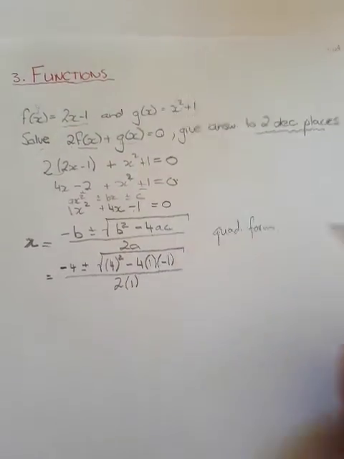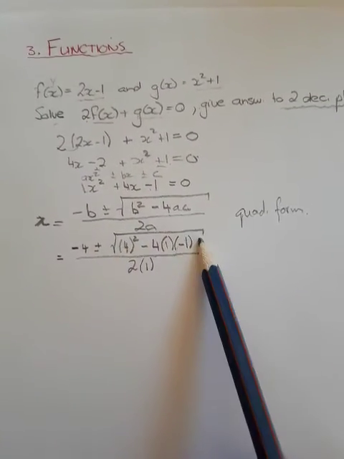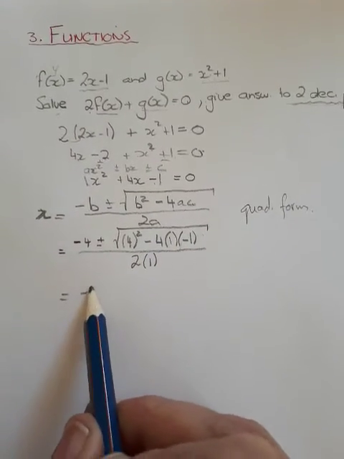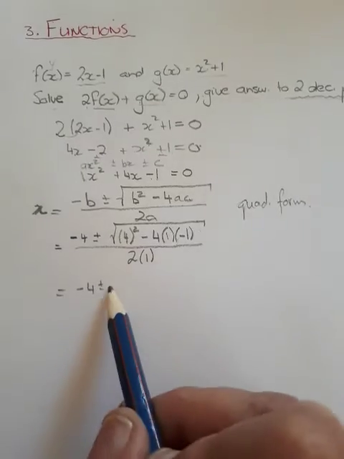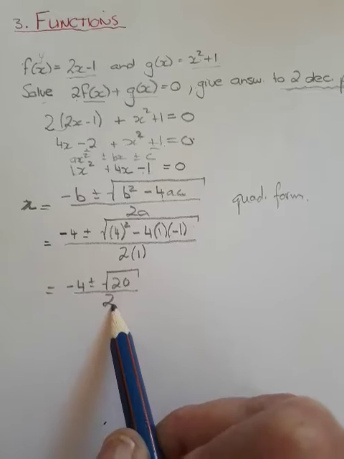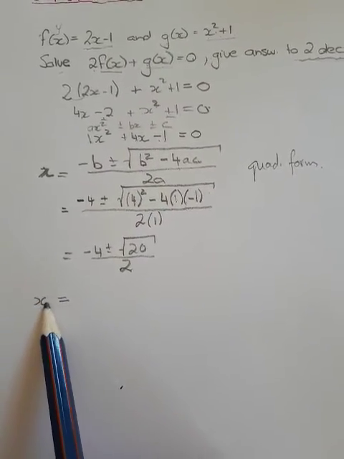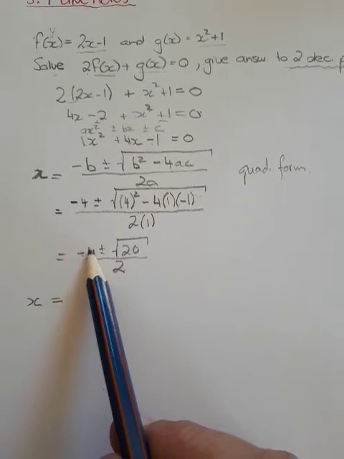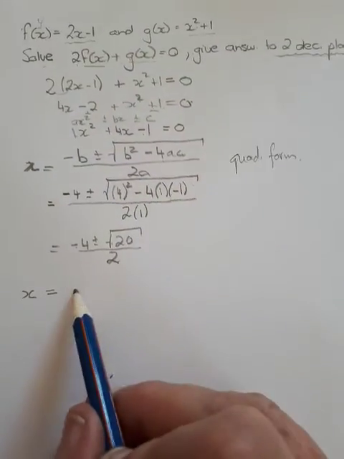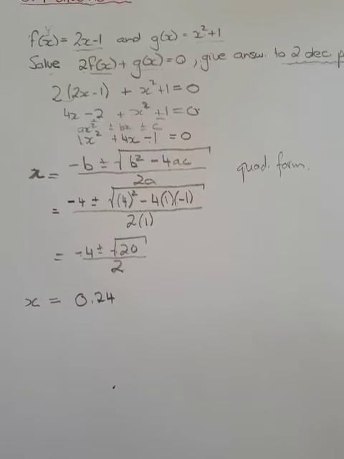Okay, if you now calculate your square root, which I always suggest is that you do that first, then we get negative 4 plus or minus the square root of 20 over 2. Okay, and then you must calculate the two possible values for x. The one where we have negative 4 plus the square root of 20 over 2, and if you put that into your calculator, it will give you a value of 0.24.